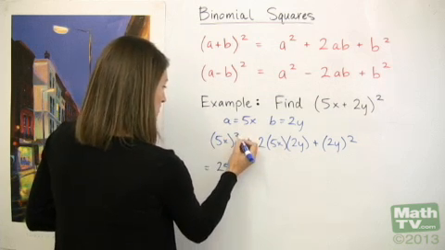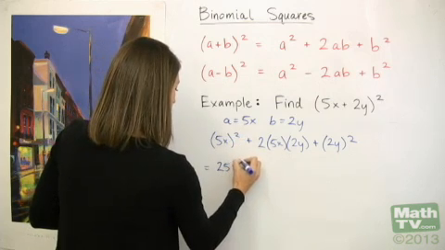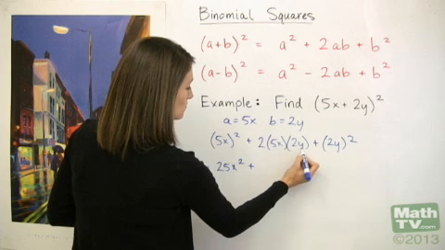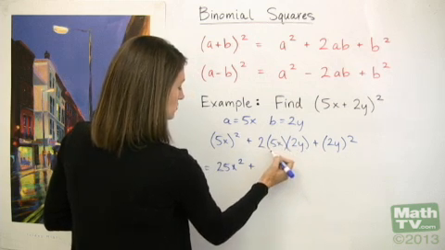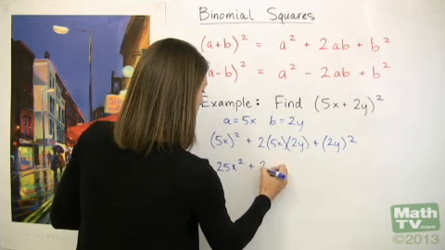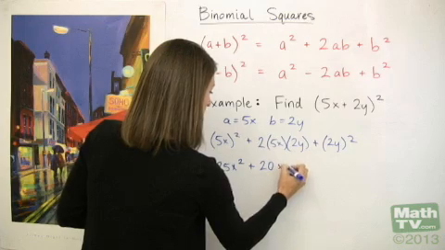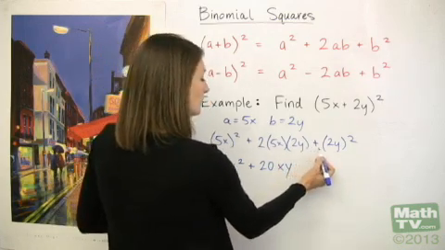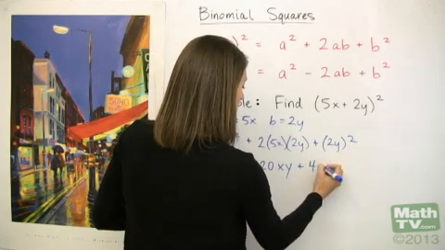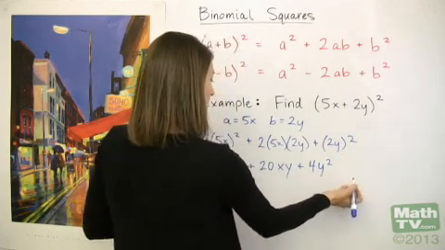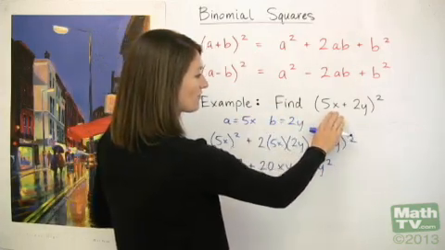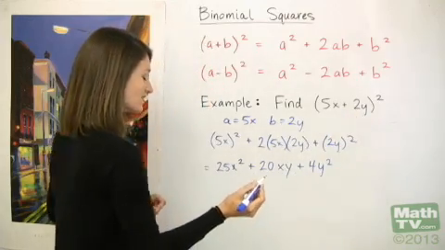Distribute this power over to the x as well, so we have x squared, plus 2 times 5x times 2y. If we're using our associative property, we can multiply 2 times 5 times 2, which gives us 20, and then x times y here. And then, distributing our power over to the 2 is 4, and on the y is y squared. So here is our final product when we're asked to find the square of 5x plus 2y.